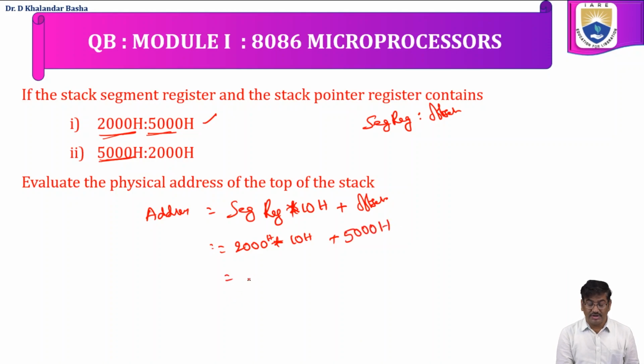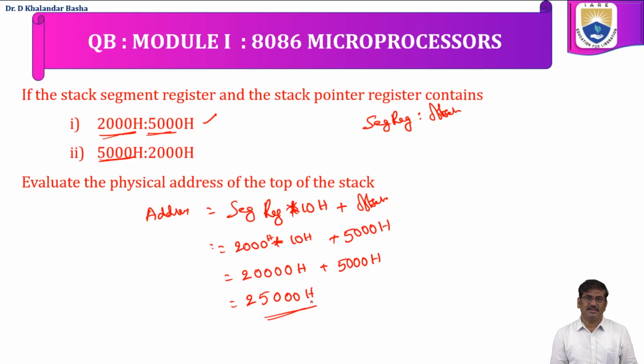This gives 20000H plus 5000H, which results in 25000H. This is the physical address for the segment register 2000 and offset value 5000.